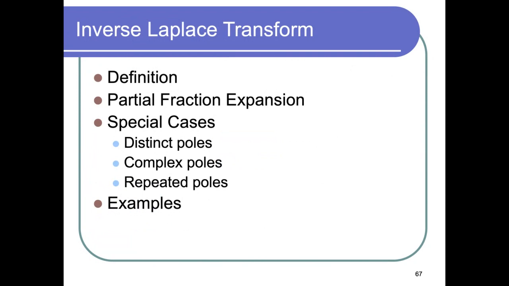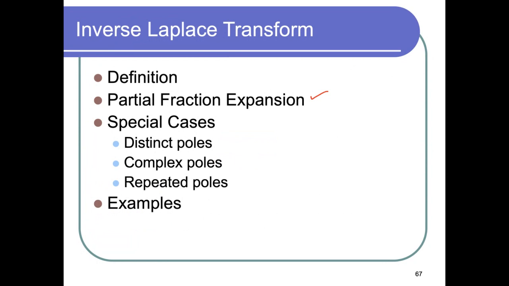So now let's go to the next topic, which is the inverse Laplace transform. We have a definition similar to the Laplace transform, and then we will use partial fraction expansion to do the inverse Laplace transform. We represent the system as a transfer function, capturing the input-output relationship, and we use the inverse Laplace transform to figure out the behavior of that system.